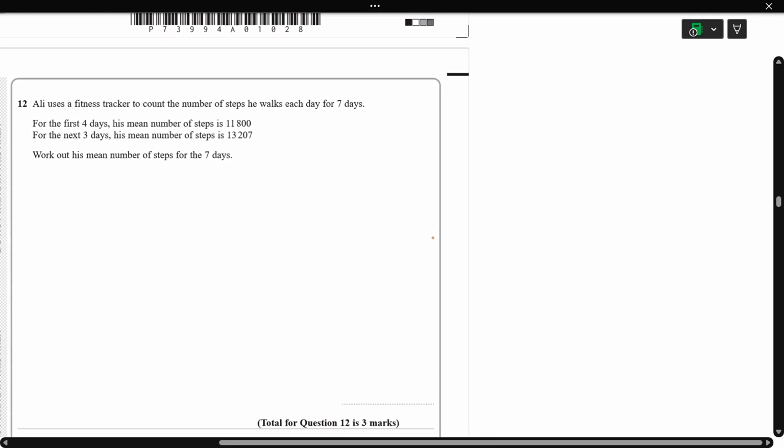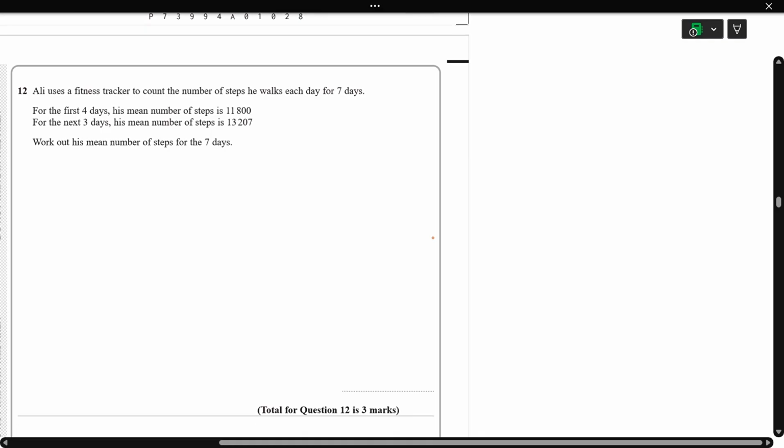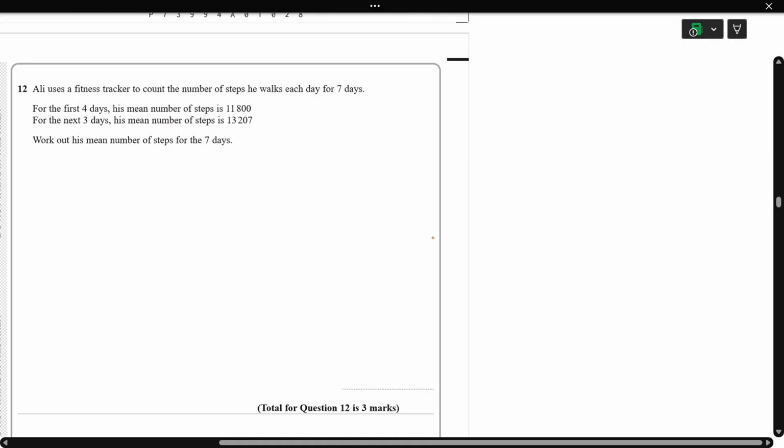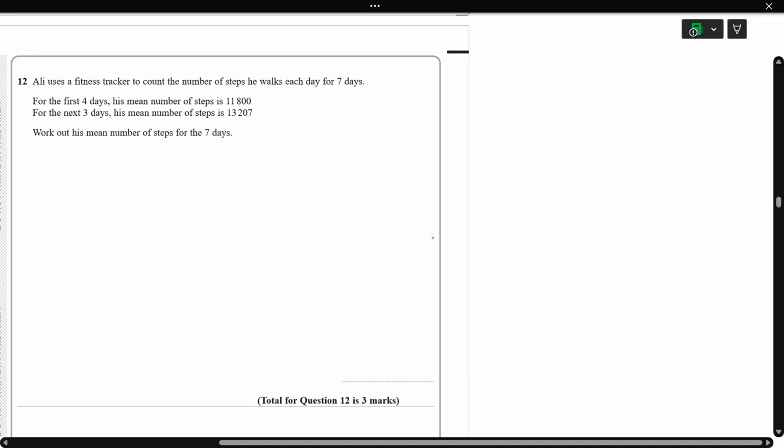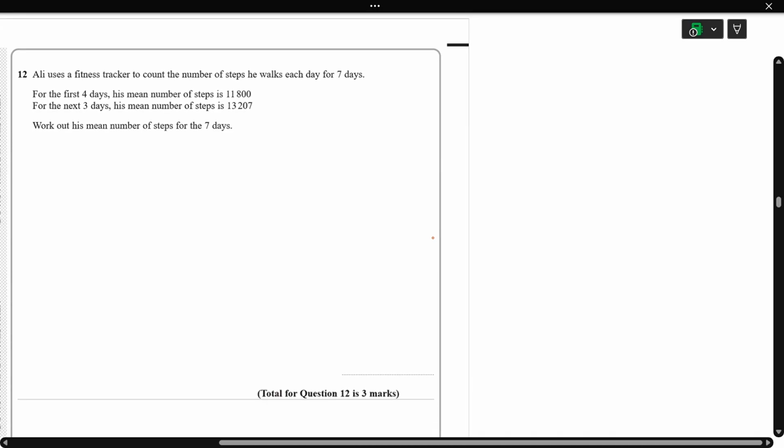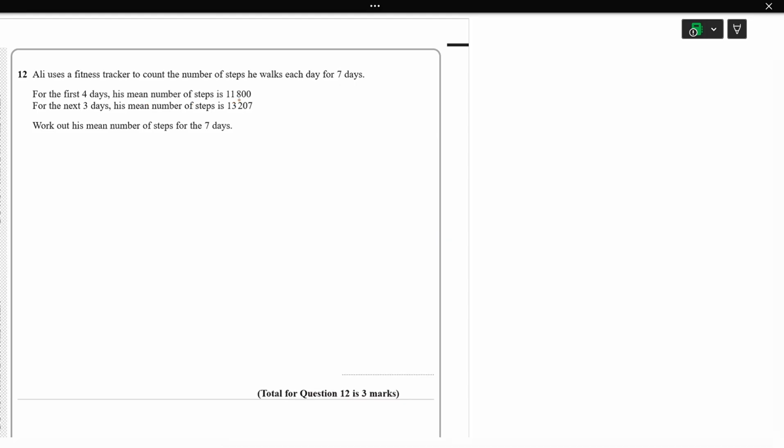Next, question 12. Ali uses a fitness tracker to count the number of steps he walks each day for 7 days. For the first 4 days, his mean steps are 11,800. The next 3 days are given. Find the mean of the 7 days.